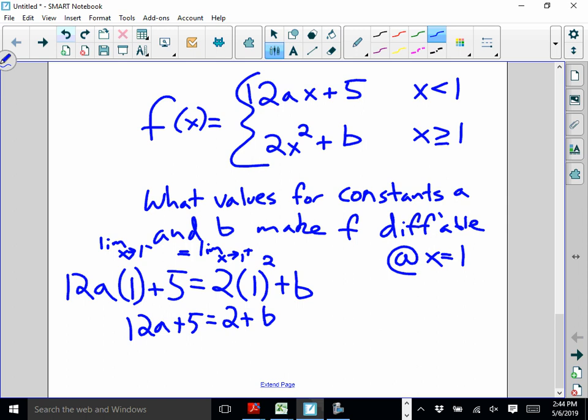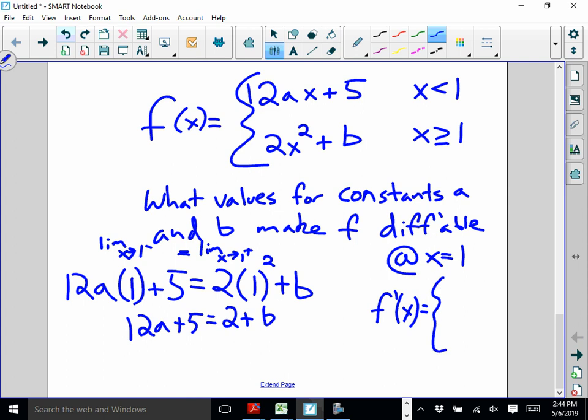Now, I can't solve that for a and b right now. But notice I said that the function has to be differentiable at x equals 1. So not only must the functions equal each other at x equals 1, their derivatives must equal each other as well. So let's think about f prime of x. The derivative of 12ax is 12a.